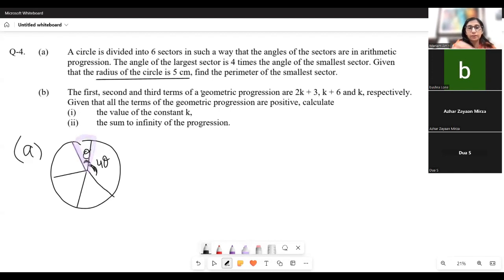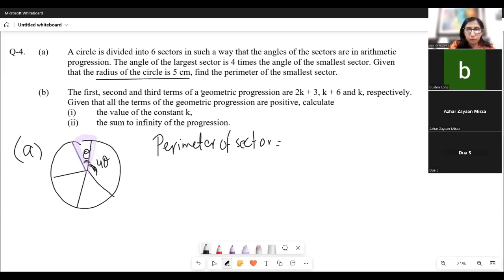Okay. So the perimeter of the sector is R plus R. You guys know that from O levels.